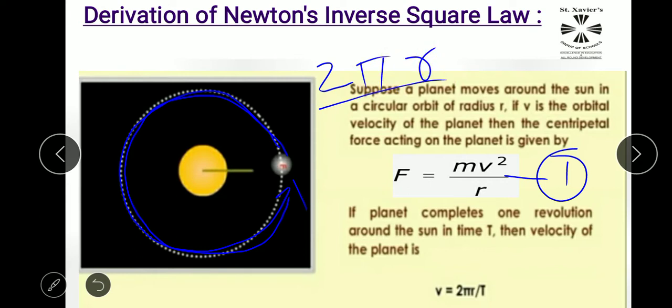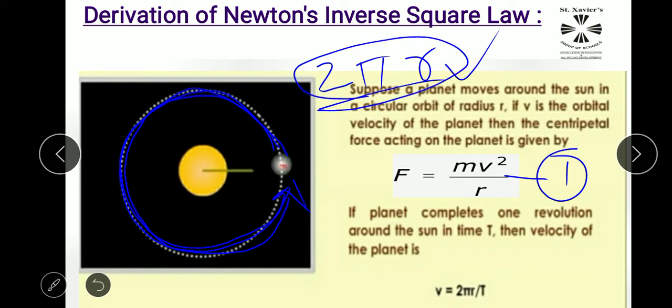So in geometry you must have studied this. So the total length covered in one rotation is 2 pi r, which is called circumference of circle or perimeter of circle, students. Length of this circular path, that is circumference, is 2 pi r.